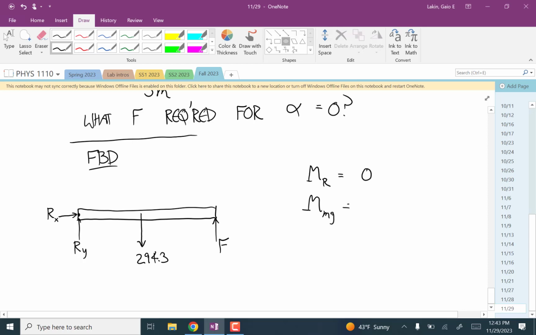For the weight force, we have plus or minus 294.3 times the distance from that weight force to the hinge. What's that distance?